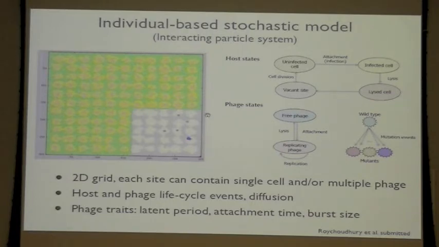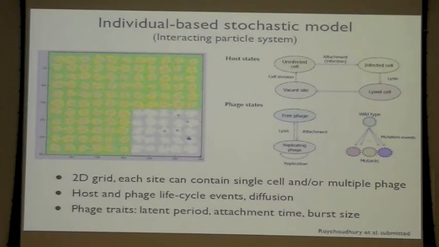So an uninfected cell at a site that contains phage can become infected at some rate that depends on the absorption rate of the phage that are at that site. And then that infected cell goes on to lyse after a length of time that depends on the latent period of the phage that's infecting it.